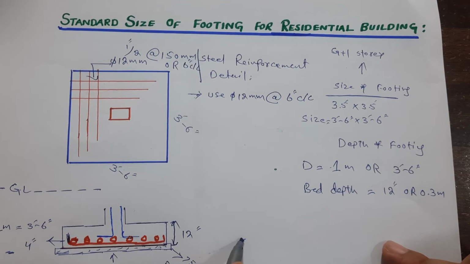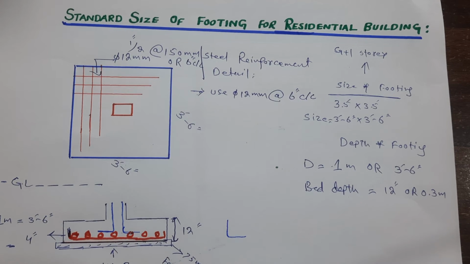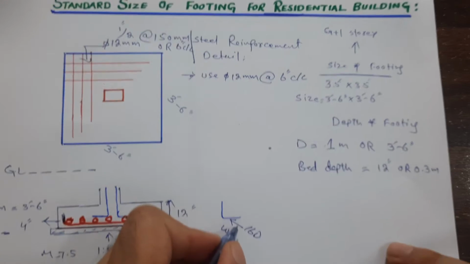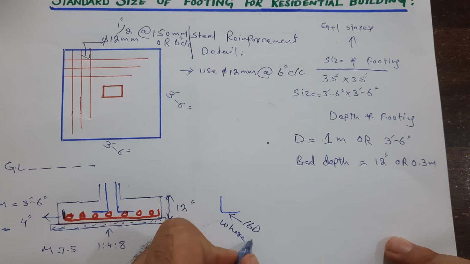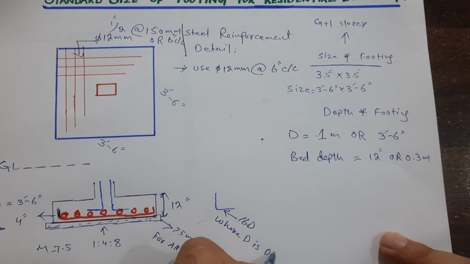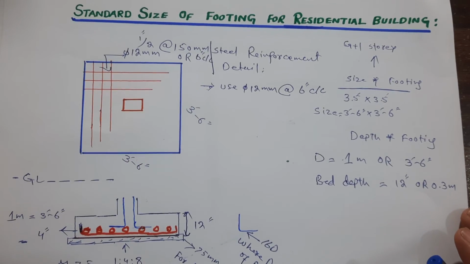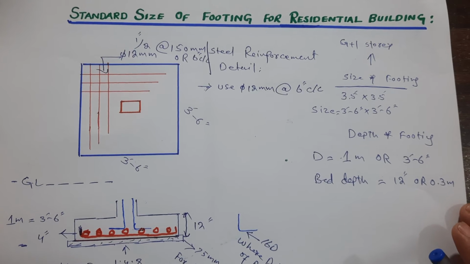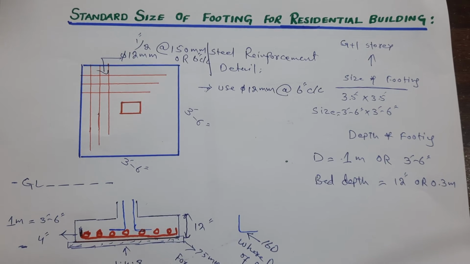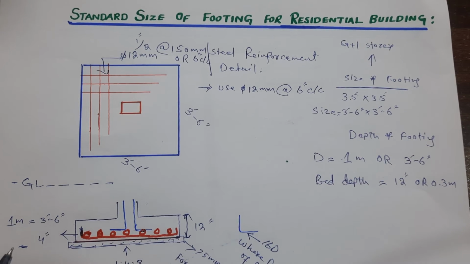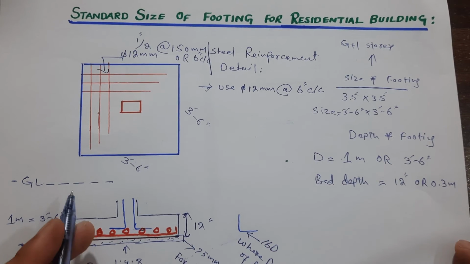So here guys you can see this leg length should not be less than 16D, where D is the dia of bar, which is longitudinal bar. If you are using 16 millimeter or 12 millimeter, you can take from there. So these are some important information related to depth of footing, size of footing, and steel reinforcement.